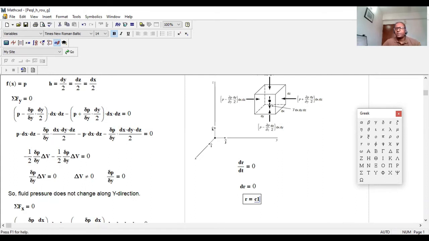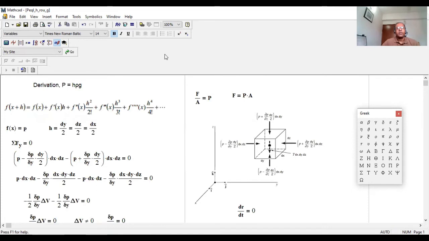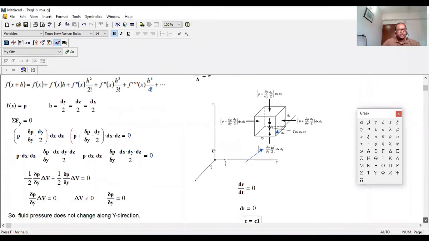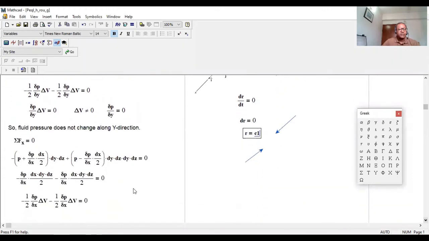Now, similarly, we will say along the x-axis, that means the pressure is working like right over here and right over here. Okay, we will check it. So similarly, along the x direction, Fx equal to 0.